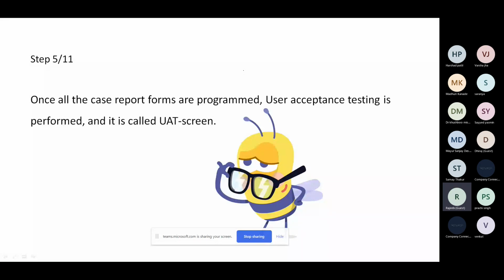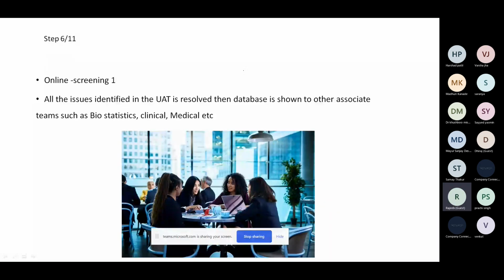Once it is completed, we will have the online screening one. Online screening one means we will have different stakeholders: the biostatistics team, the clinical team, the medical team. They all sit and see whether the EDC has been designed as per our requirement or not.